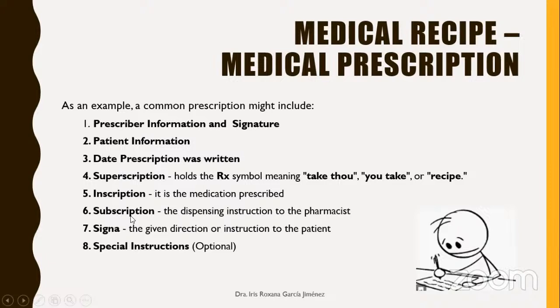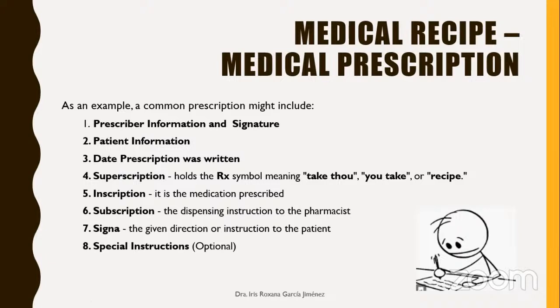The subscription is the dispensing instruction to the pharmacist, so it's a detail just for the pharmacist. The signa is the given direction or instruction to the patient, and then the special instructions according to the situation. They can send some special instructions, okay?